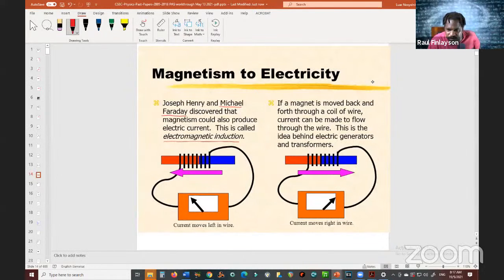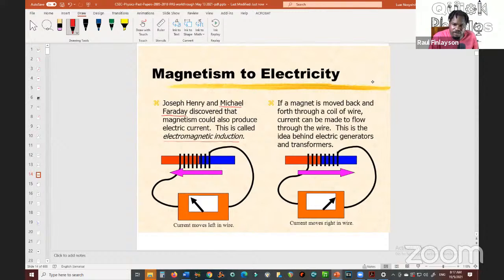What happens here? He created a system where you connect some wires in something called a coil, basically looking like a spring, and in the opening he put a magnet.